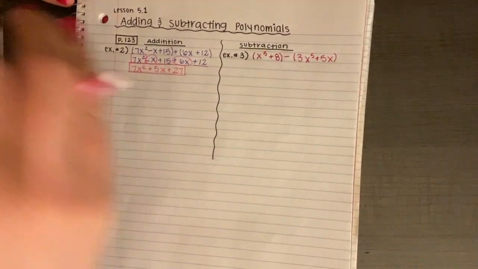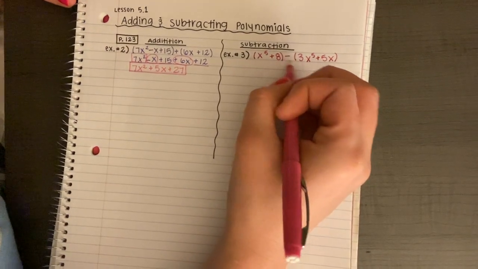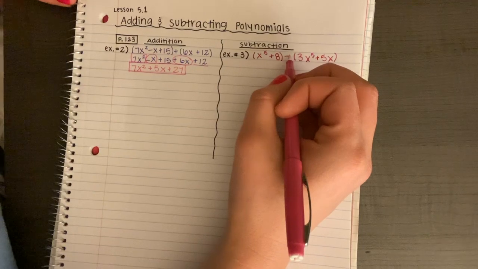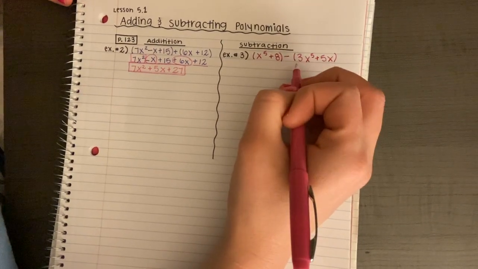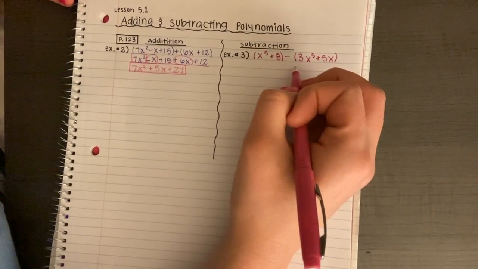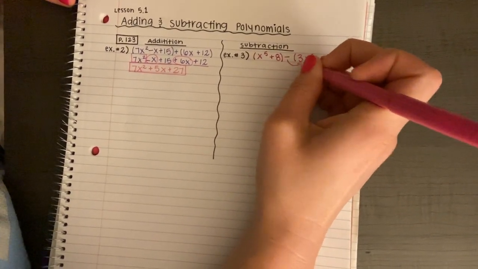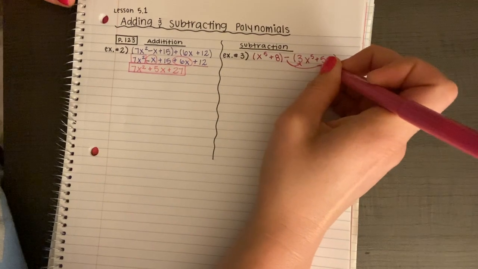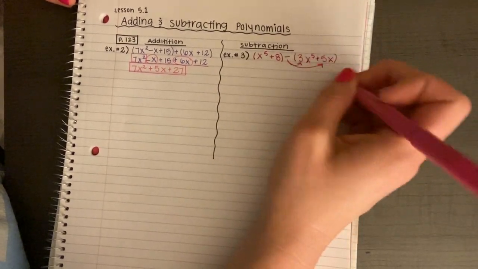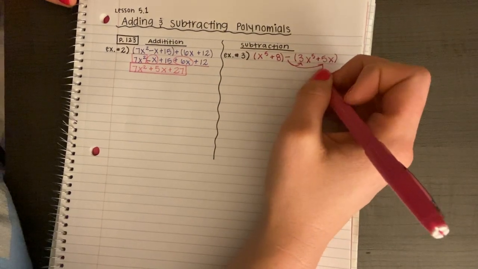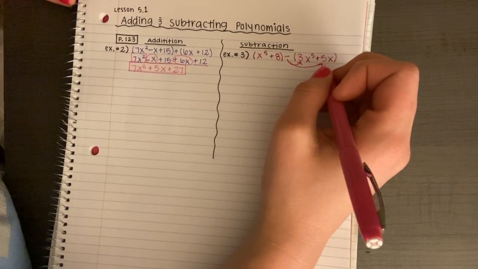So in this case, the difference is that there's a subtraction sign here instead of an addition sign. When I take away my parentheses, what I need to do is distribute that subtraction sign to both terms in my second pair of parentheses. So what you are doing is changing their sign.